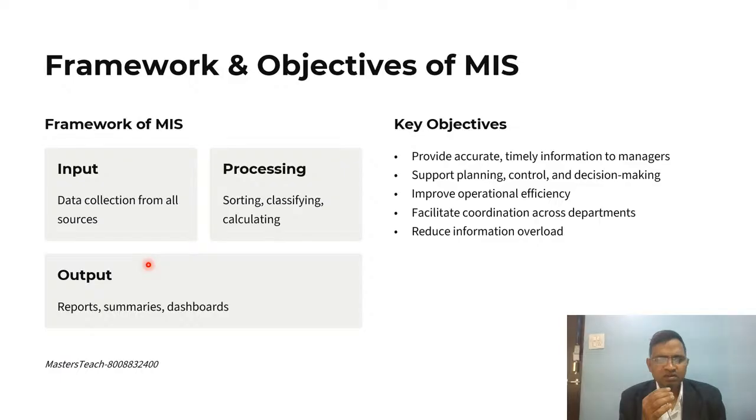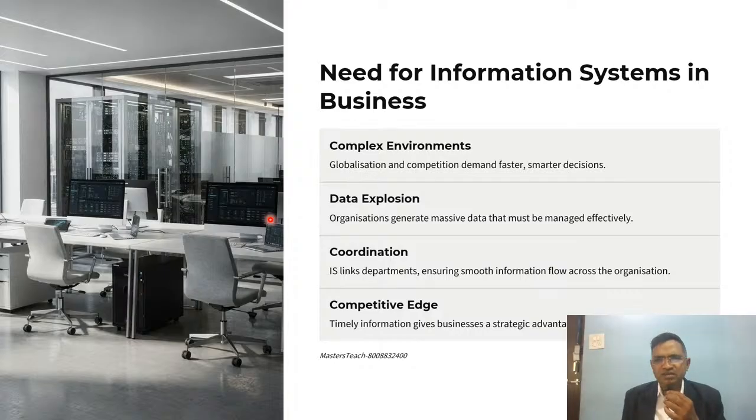Then output, which may be in the form of reports, summaries, etc. The key objective of MIS is to get the right information at the right time, and it also supports planning, controlling, and decision making. Then it improves operational efficiency and coordination between all the departments, so the overburden is reduced. This is MIS.